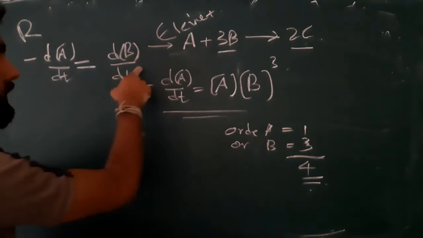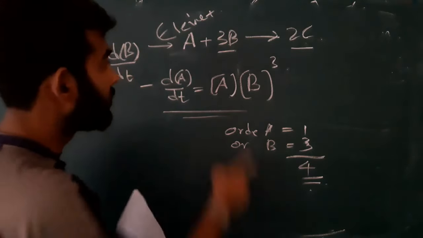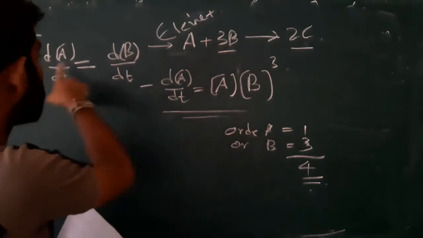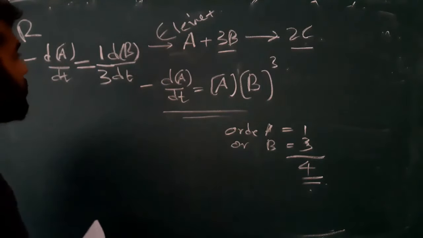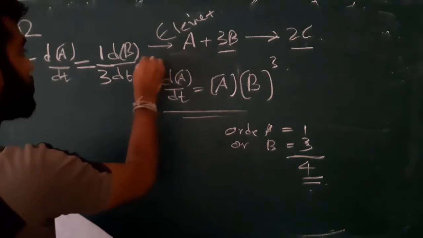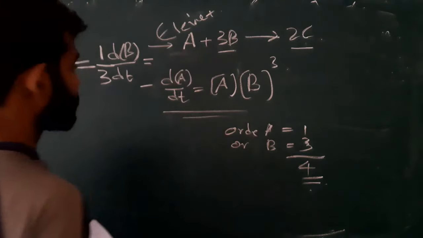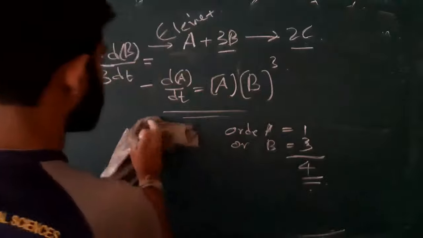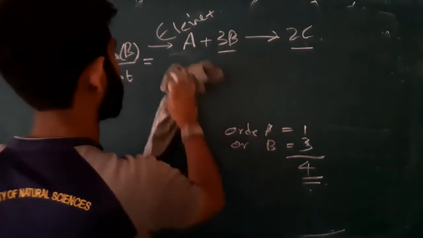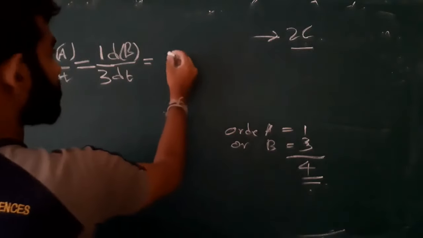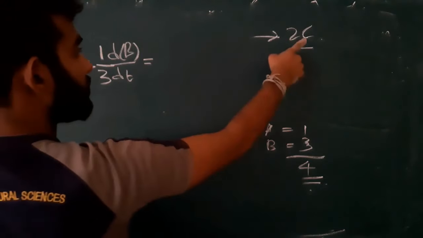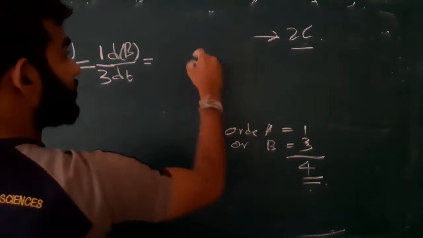If you write this, you are wrong. Why? The stoichiometry is 3, so it is not equal, we have to divide by the stoichiometry, and this is equal with respect to C. C is forming.